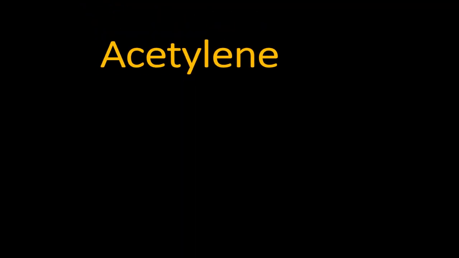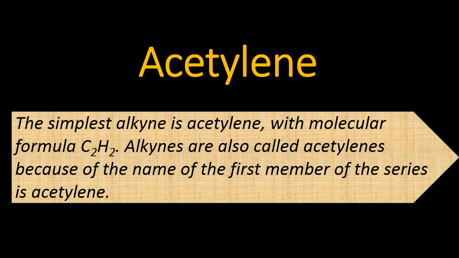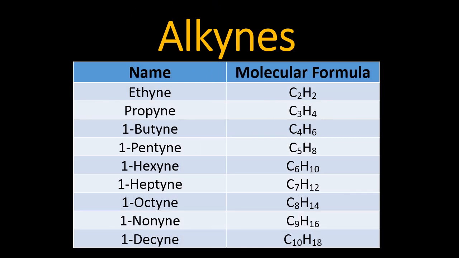The general name used for alkynes is acetylene because the name of the first member of the series is acetylene, having two carbon atoms with two hydrogen atoms. Now the names of the alkynes with their molecular formula: ethyne, propyne, butyne, pentyne, hexyne, heptyne, octyne, nonyne, and decyne. The word eth represents two carbon atoms. Prop represents 3 carbon atoms.